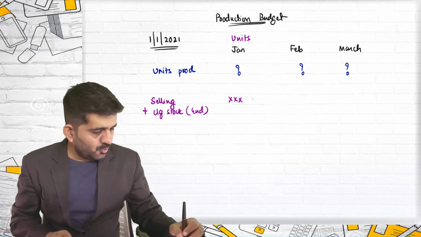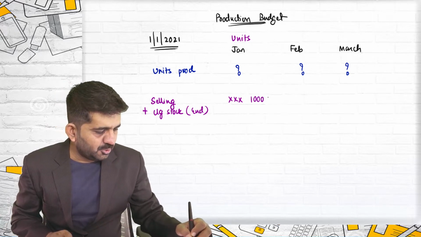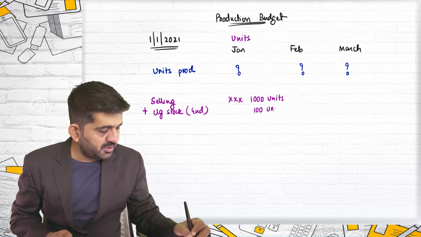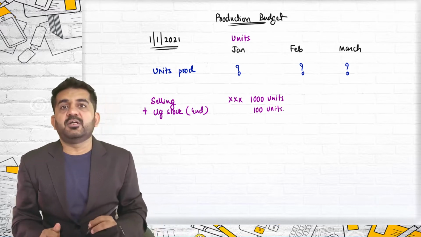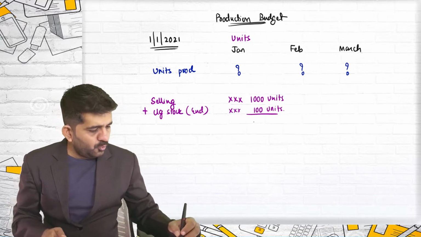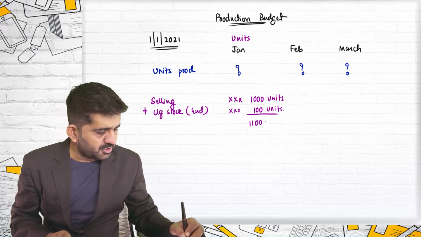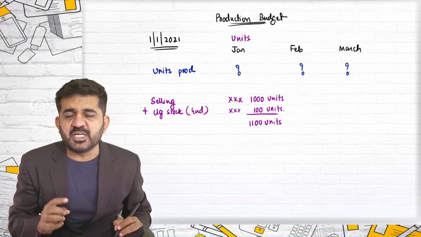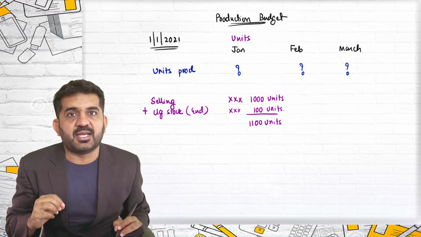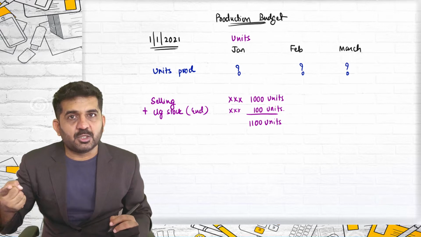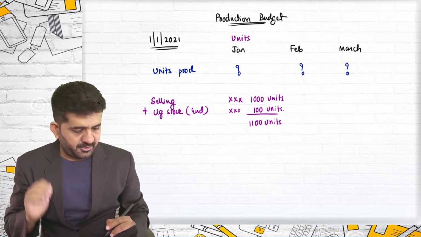So if I want to sell 1000 units and I want to keep a closing stock of 100 units, I'll have to manufacture 1100 units, to sell 1000 and to keep in stock 100 units.